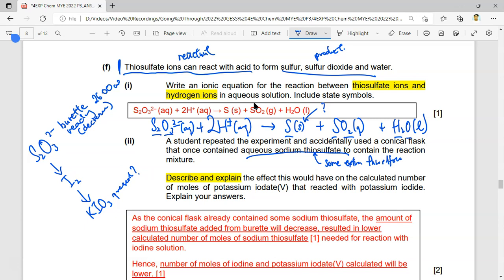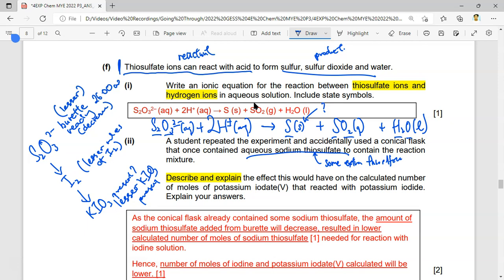That means I use lesser thiosulfate. Lesser thiosulfate used will result in lesser moles of I2, right? By saying that there's lesser moles of I2, this would mean that there's lesser KIO3 present. So know the chain of reaction, and then from there you can decipher.